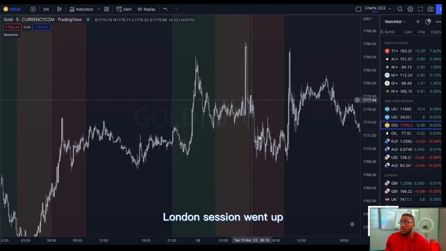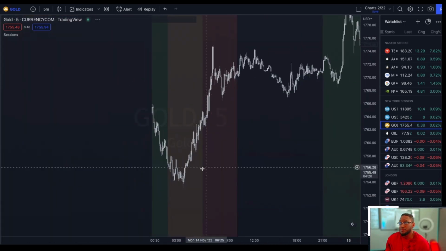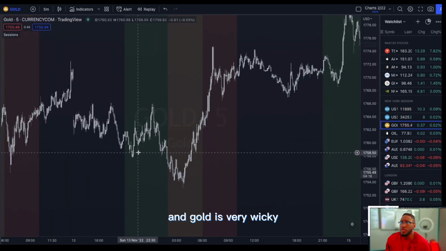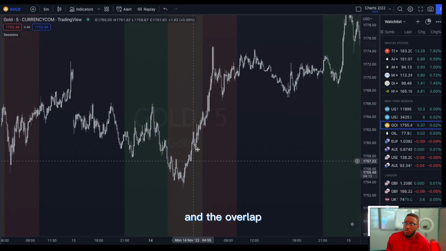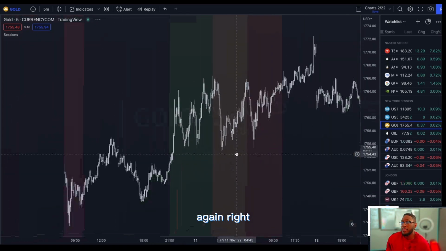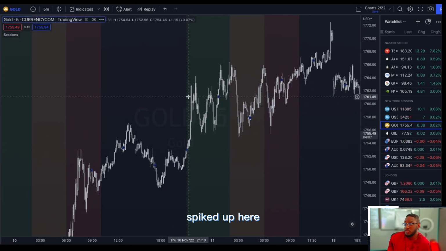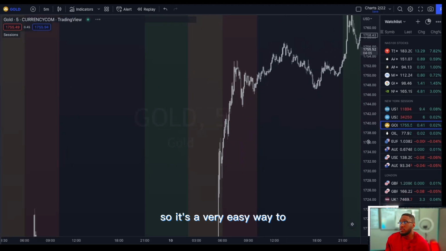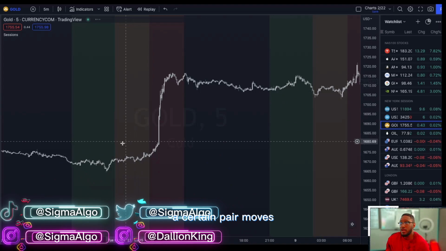London session went up, New York session went crazy as well, towards the end at least. Gold is very wicky and very wild. You can see London dropped and the overlap spiked back up again. Very consolidated day here, but London session spiked up. It's a very easy way to gauge at what time a certain pair moves.